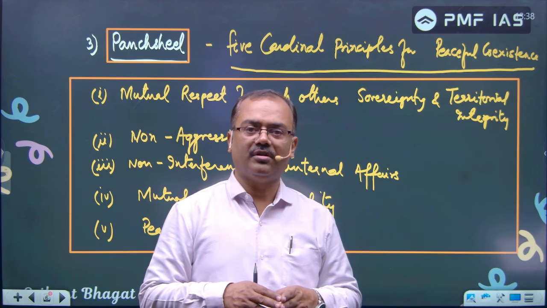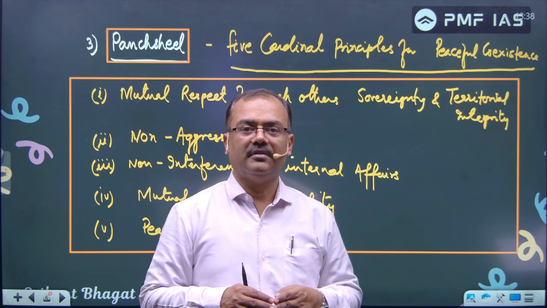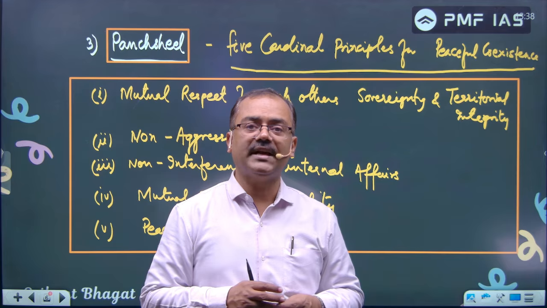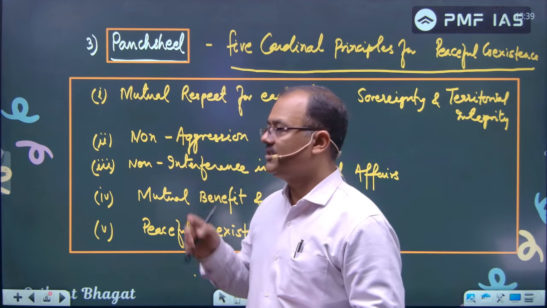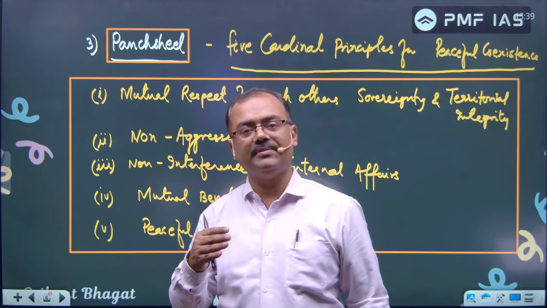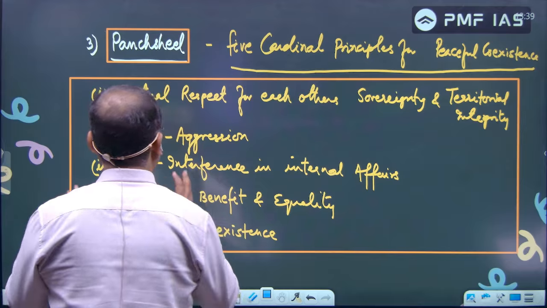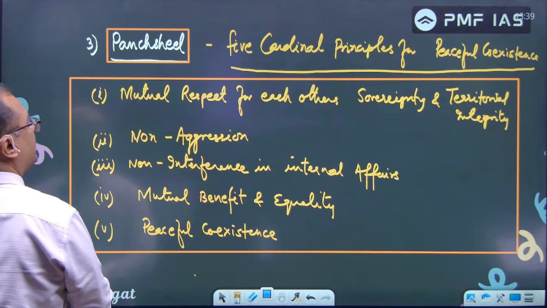Indo-China war is called Himalayan blunder. Why Himalayan blunder? Because Nehru signed a treaty, the Panchasheel agreement, with Tibet of China. So what happened when this agreement was signed?